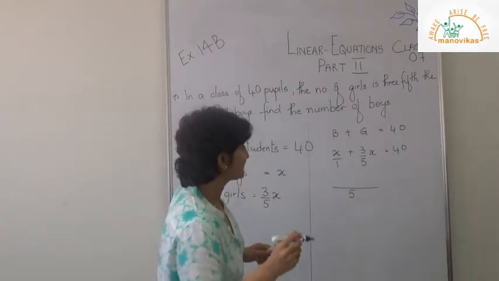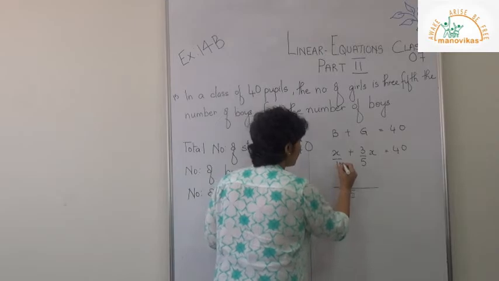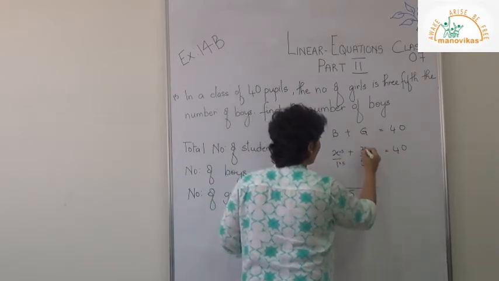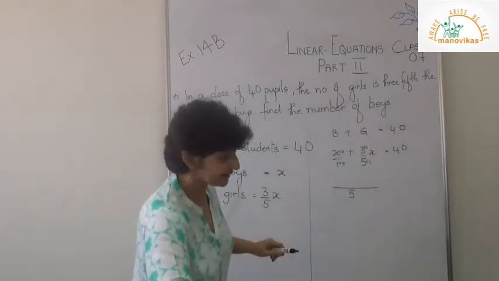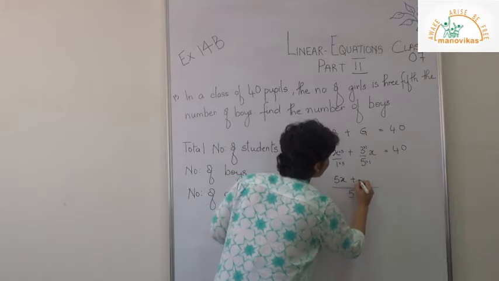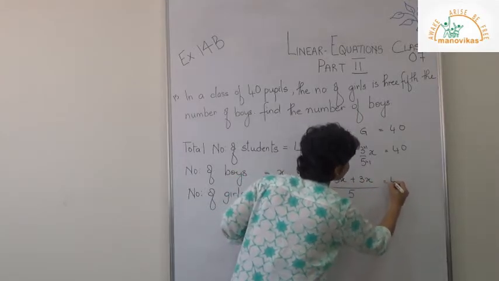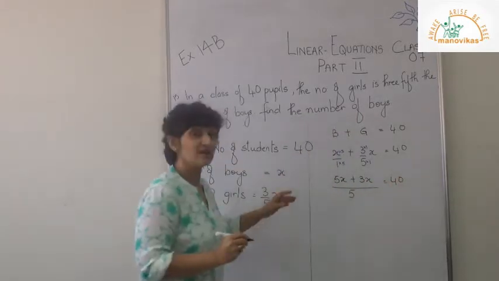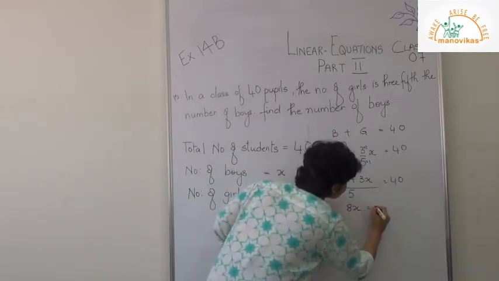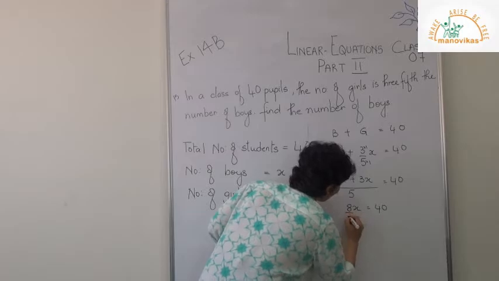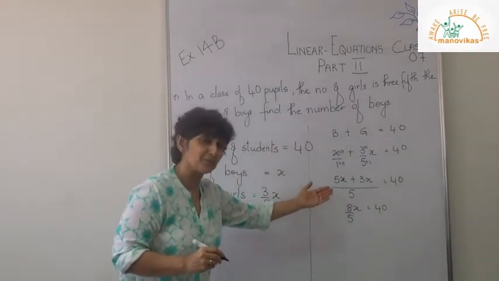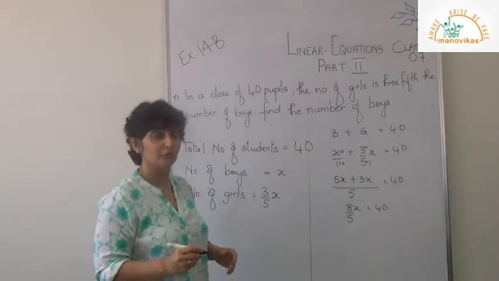Now 1 goes how many times, children? 1 will go 5 times and 5 will go 1 time, correct? So I will get this as 5x plus 3x is equal to 40. 5 plus 3, 8. So 8x upon 5, correct? 8x upon 5 is equal to 40.